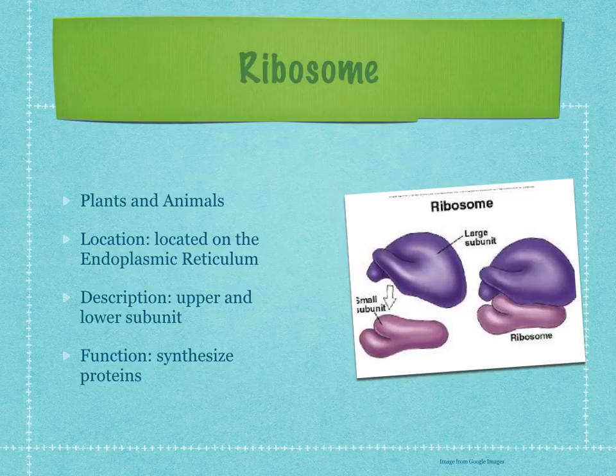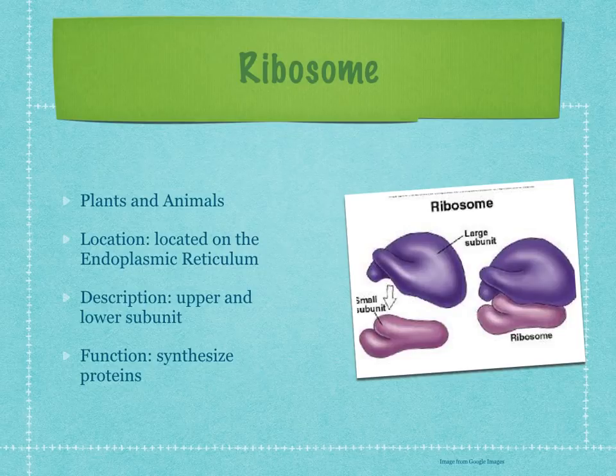So the smooth ER that we'll also talk about, which creates fats, doesn't have these ribosomes. So these are tiny organelles on top of another organelle. But they have an upper and a lower subunit, and what happens is those subunits come together and the nucleic acid in the form of RNA actually gets dragged through the opening between those two subunits.